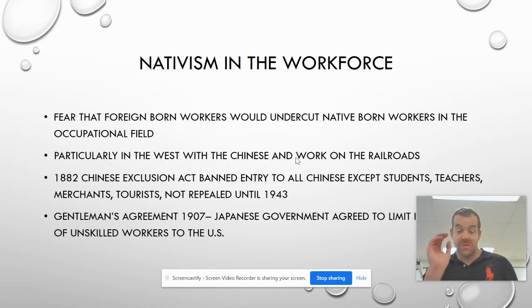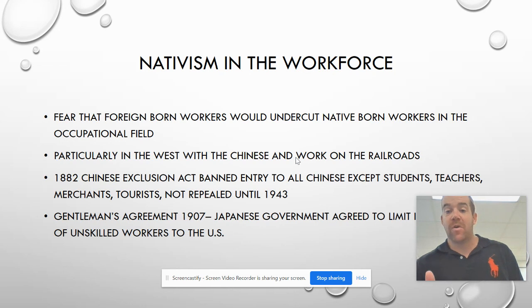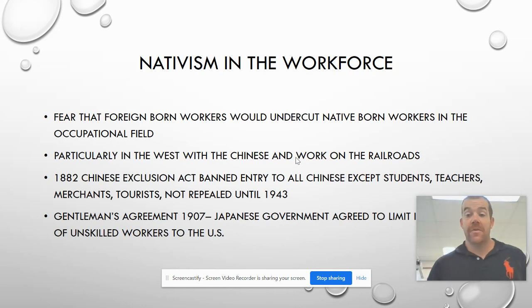All right, nativism in the workforce. Well, this still exists today. Why are people against immigrants? Well, because immigrants do what? They take jobs. Right? They'll work for less money than a native-born person, so they'll kind of undercut their pay. And if I'm a factory owner, if I'm Andrew Carnegie and I have a steel company, I want to hire those people who are willing to work for less money.